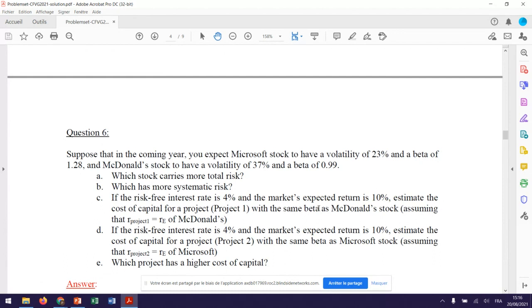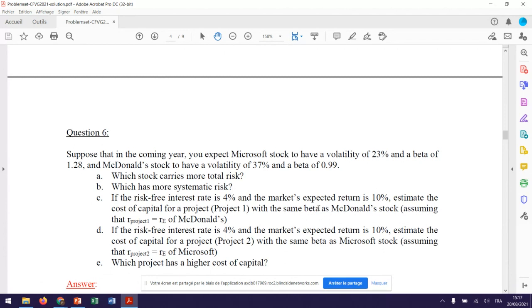Since you don't know this project, but you know that the risk of your project may be the same as the market risk of holding McDonald's stock. That is your assumption.